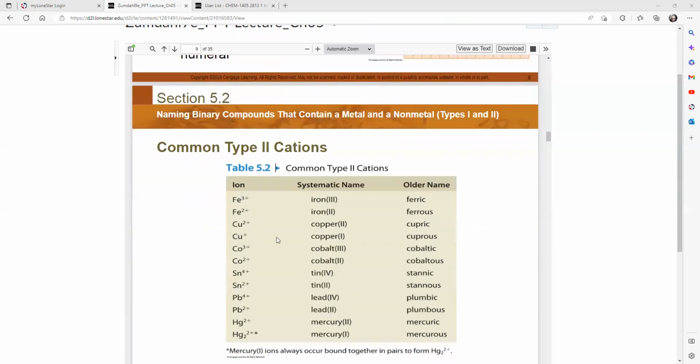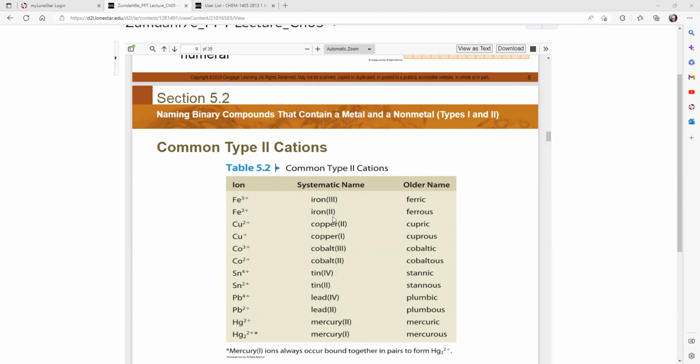For example, iron 3 plus is iron, and you use the Roman numeral, the corresponding one. The older name is ferric. I am writing here the older name just in case you find this, but this is the actual name or the systematic name.